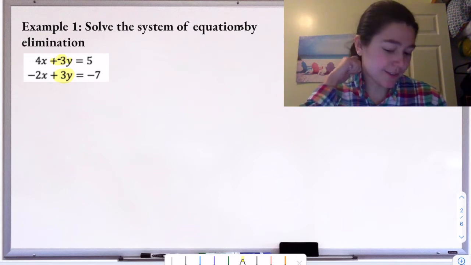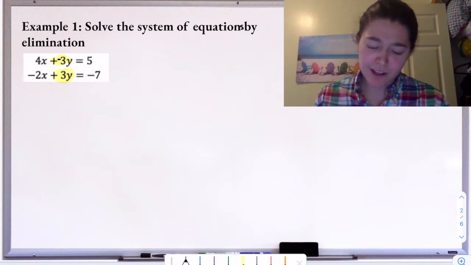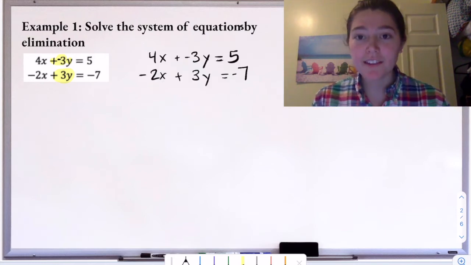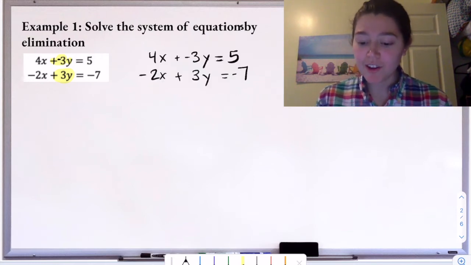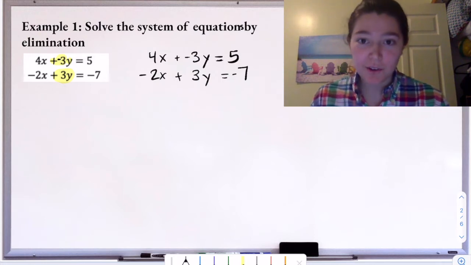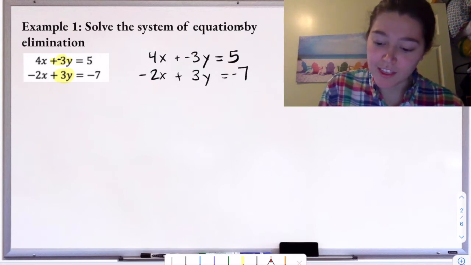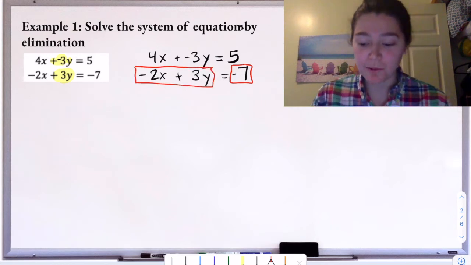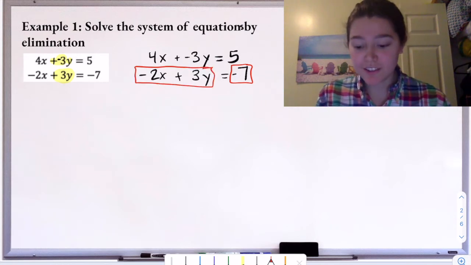Now, you might ask, wait, why can I just add these together? The idea behind the elimination method is that you can always add or subtract the same thing to both sides of an equation. So it actually is very related to substitution. Negative 7 is equal to negative 2x plus 3y, according to this situation.